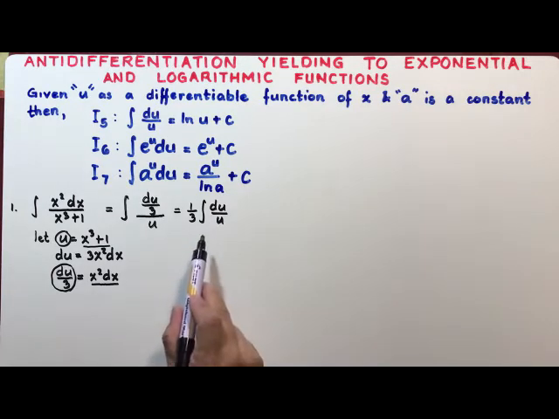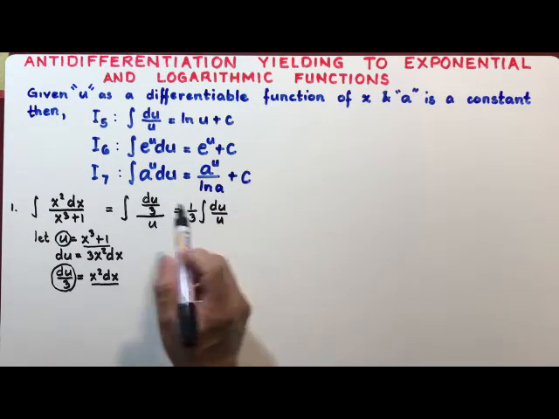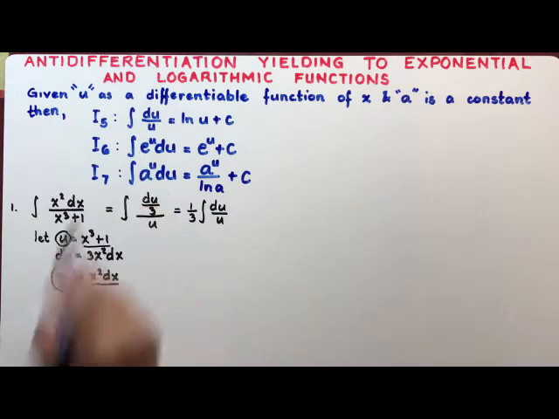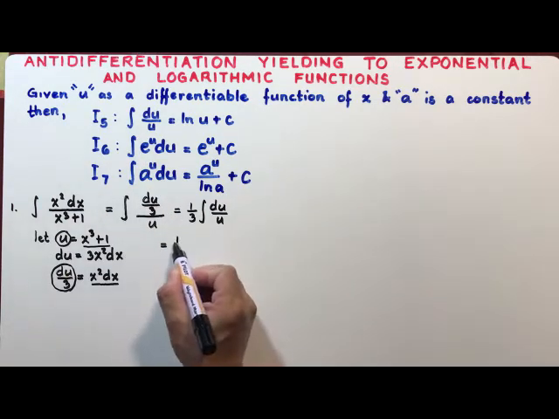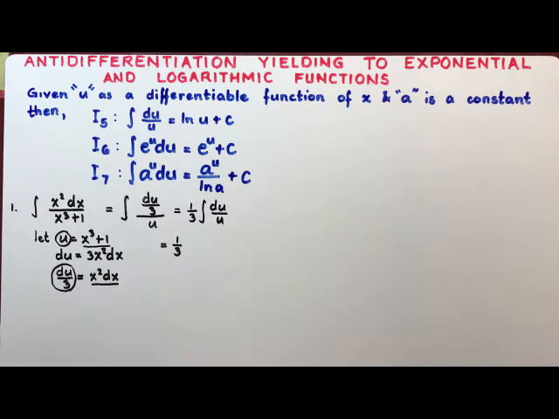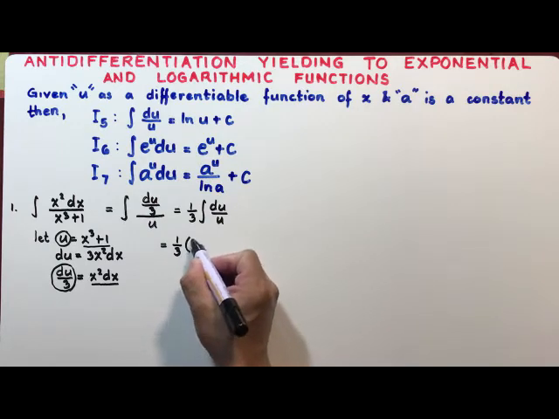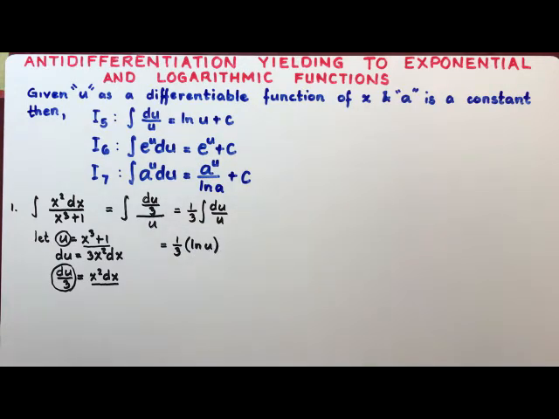Now you notice that this integral du over u is the same integral in my formula number 5. So I can apply now the formula there, that this is equal to 1/3 times the integral of du over u, which is the natural log of u, plus the constant of integration c.